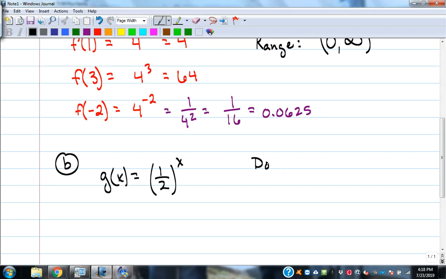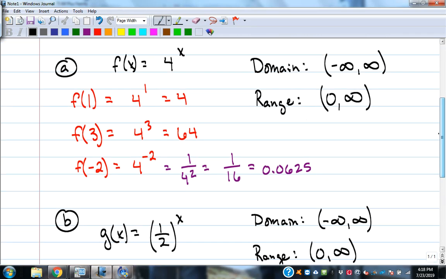So the domain is still the same, though. It's still from negative infinity to positive infinity because it still moves left to right for all numbers. The range, if you read it bottom to top, is still from 0 to infinity. The difference is that this first one is what we would call exponential growth. Example A is exponential growth because it goes up and to the right.